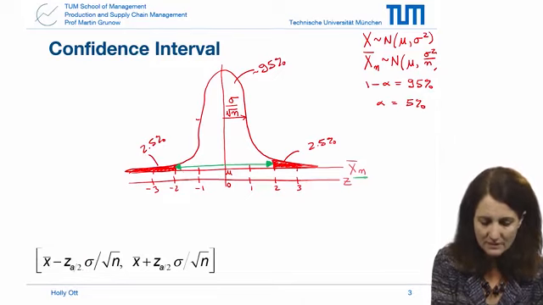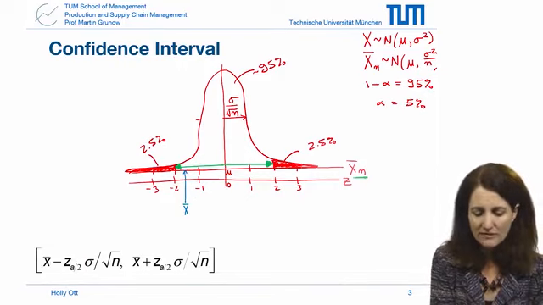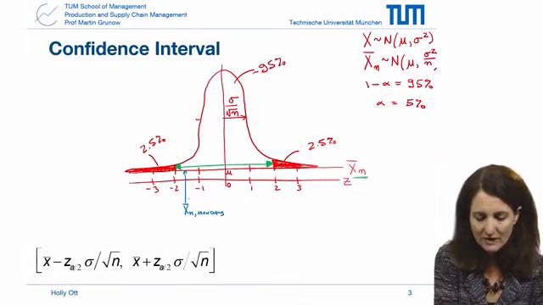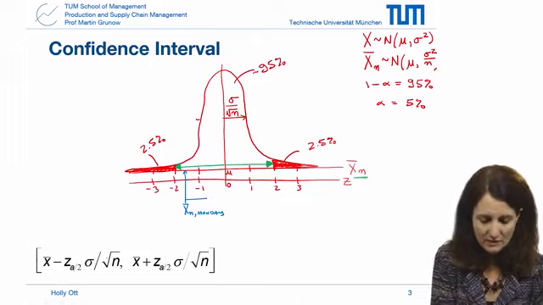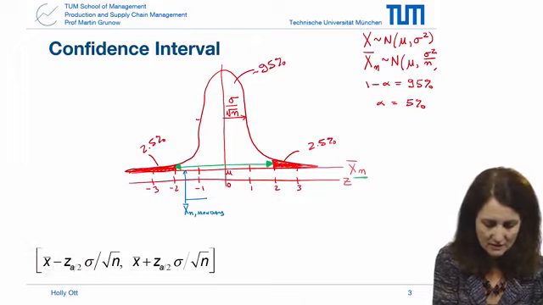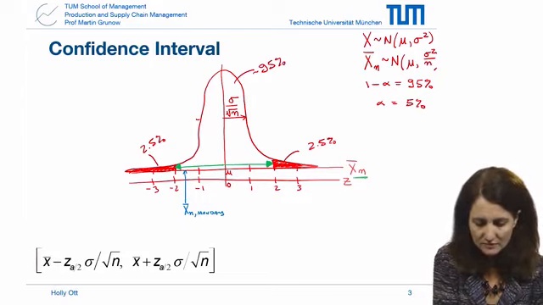So say we come in on Monday, and on Monday we measure a sample average of size n. We can construct about that value an interval of exactly the same length.